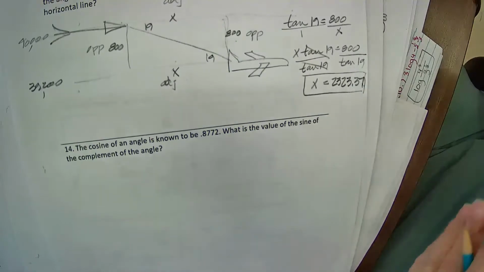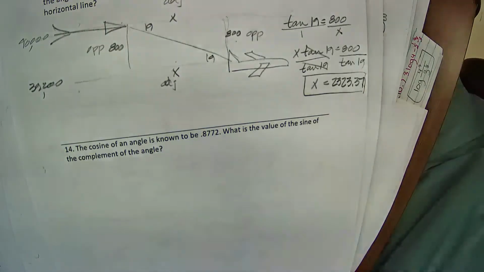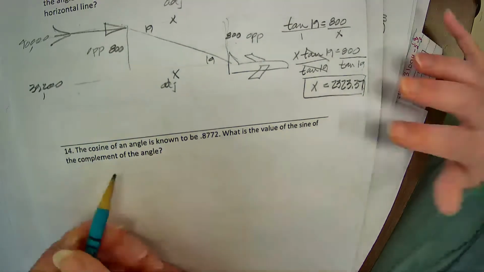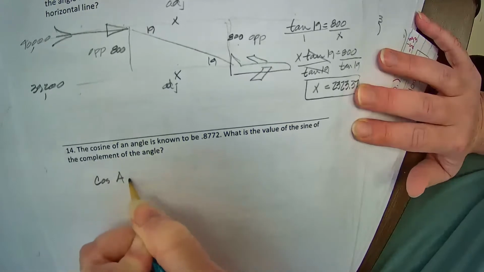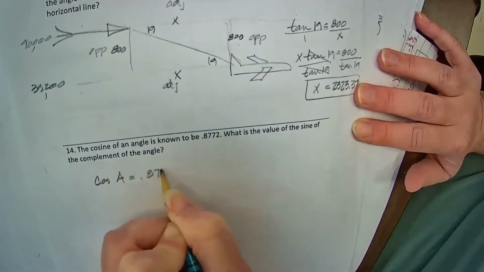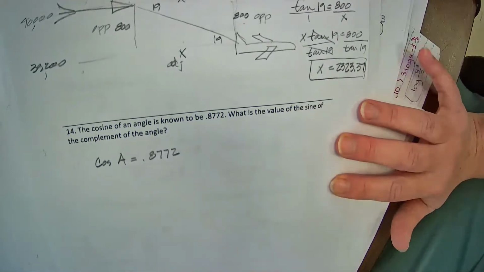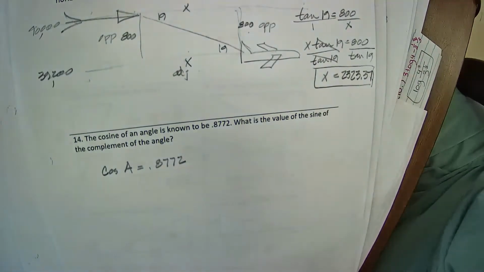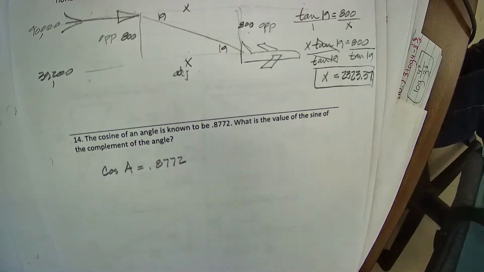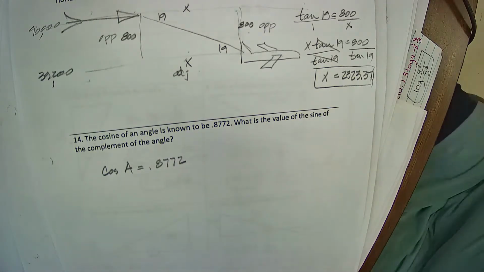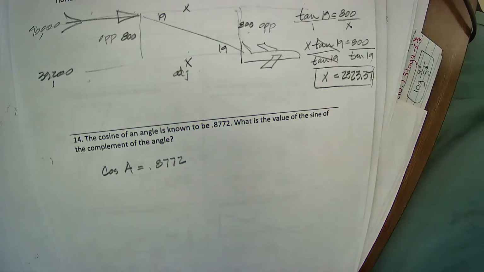Okay, and then this last one, you have to kind of follow the example from the notes. Cosine of angle A is 0.8772. Okay, well, how do we find the angle? What's the special little trick we have to remember? Not SOHCAHTOA.